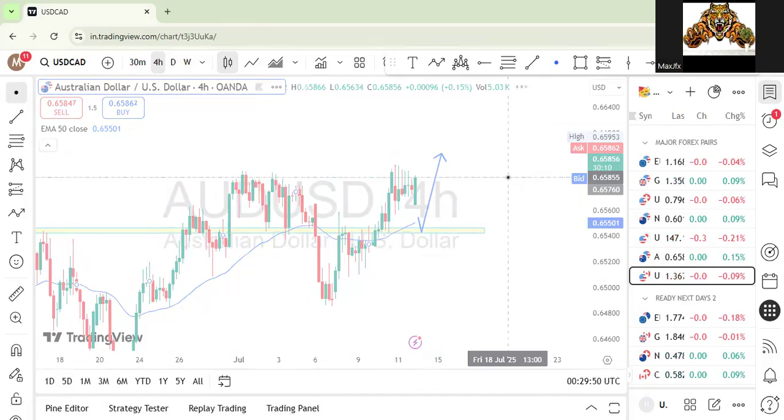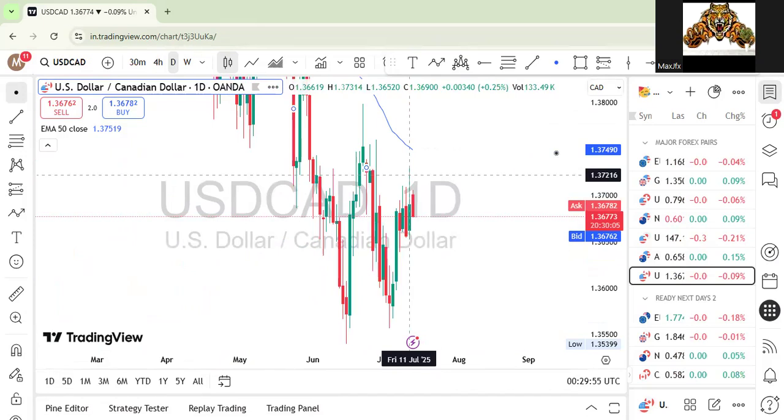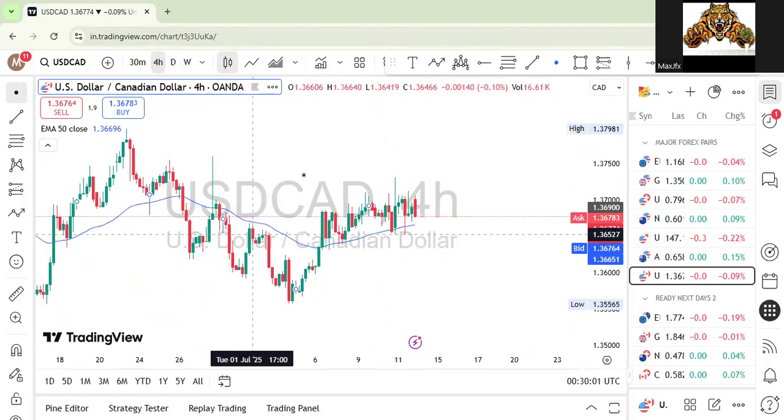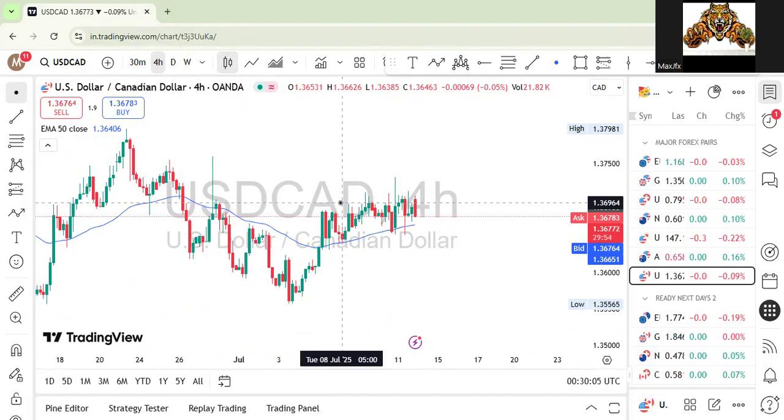Okay, so the next one is USDCAD. Truly speaking, I don't like the way the USDCAD is looking right now. I'm not going to predict it. I'm not going to enter into this market.